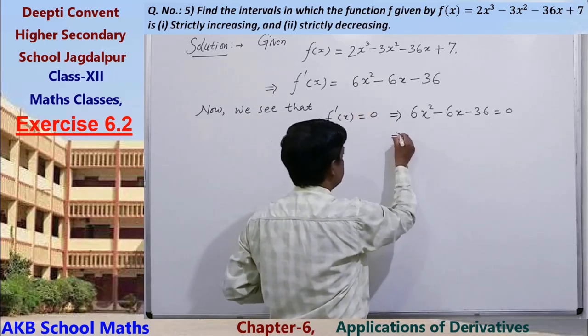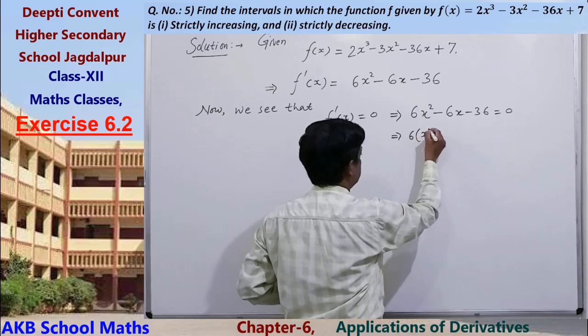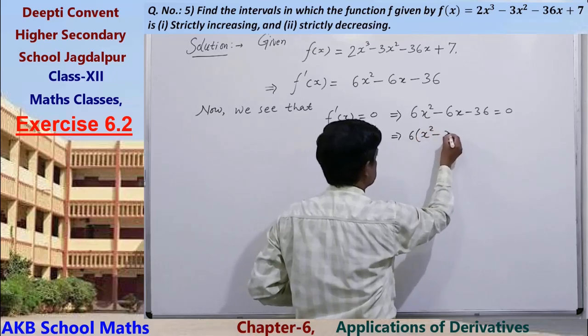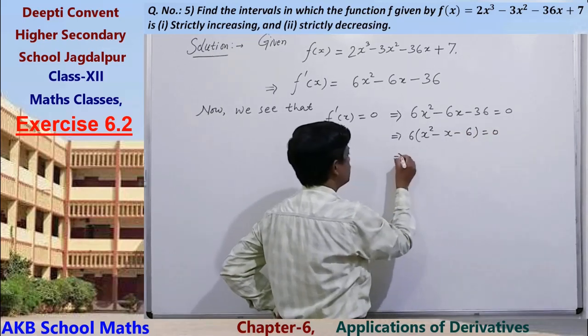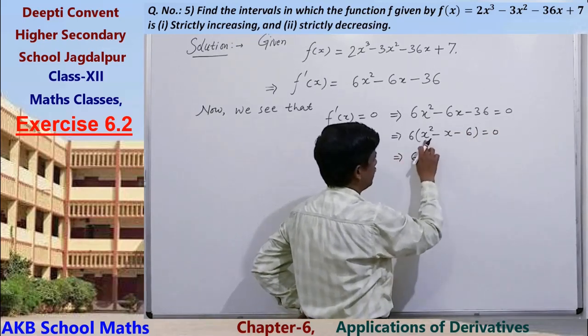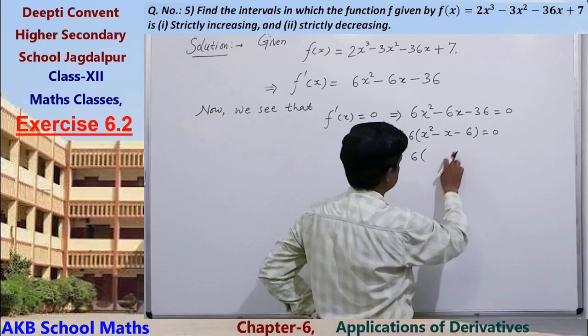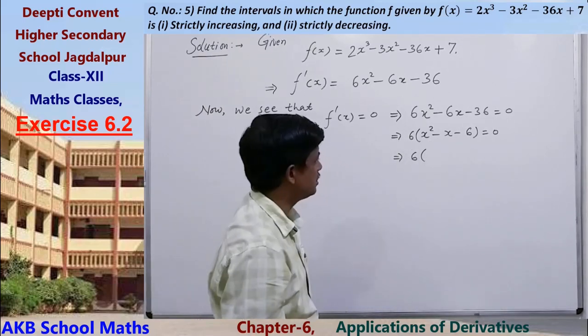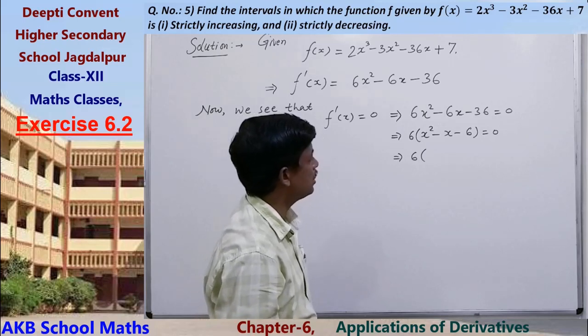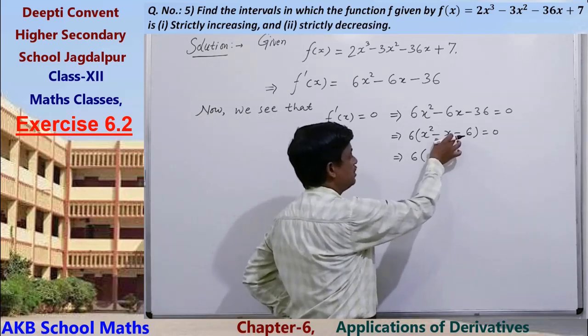Take 6 common, then x square minus x minus 6 equals 0. Now factorize it. We can factorize it by taking 2 and minus 3 as the middle term.